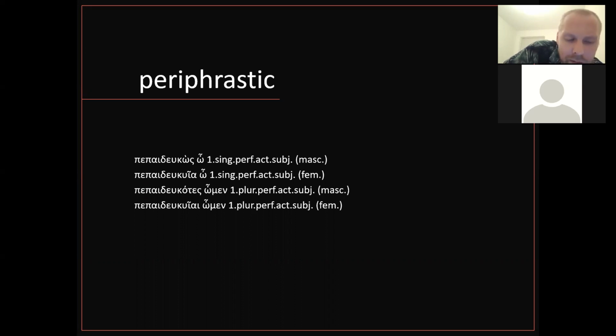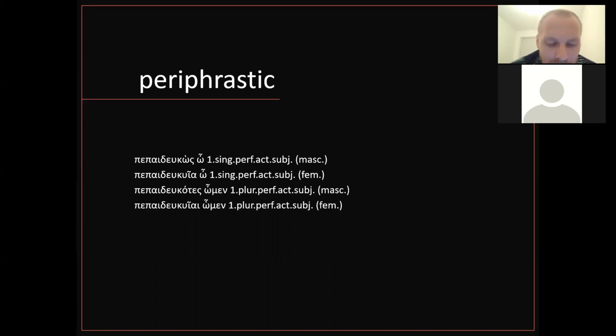Instead, a so-called periphrastic or circumlocutory perfect subjunctive is usually used, which is a combination of a perfect participle and a subjunctive form of the verb eimi, I am.